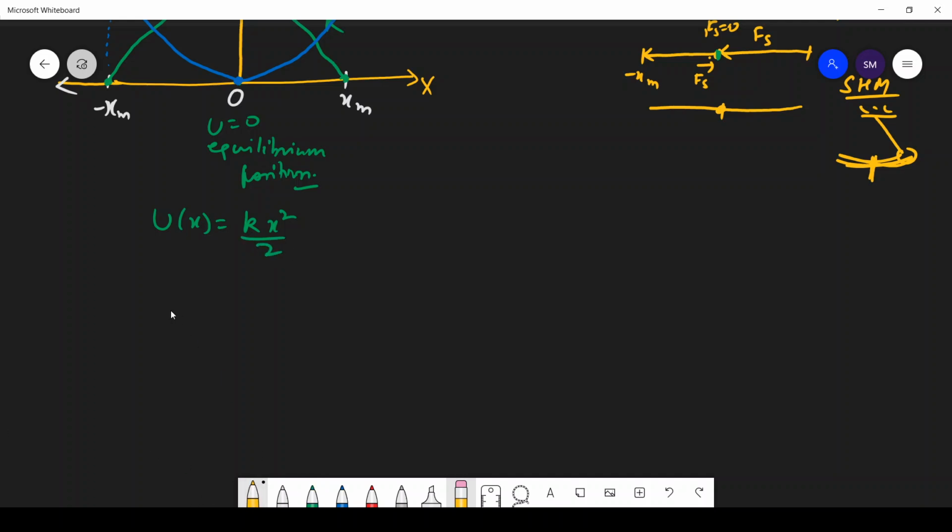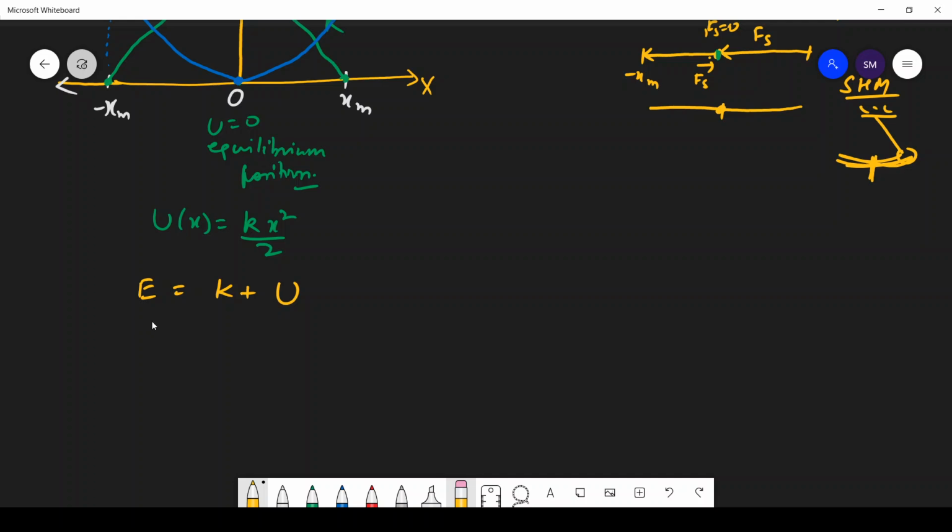Now, if this block has mass m and it is extended to xm, then the total mechanical energy at any point will be given by the mechanical energy equals kinetic energy plus potential energy.